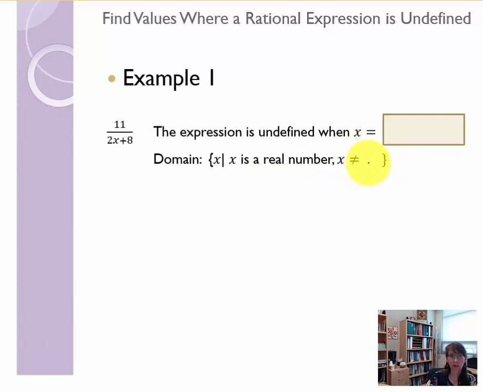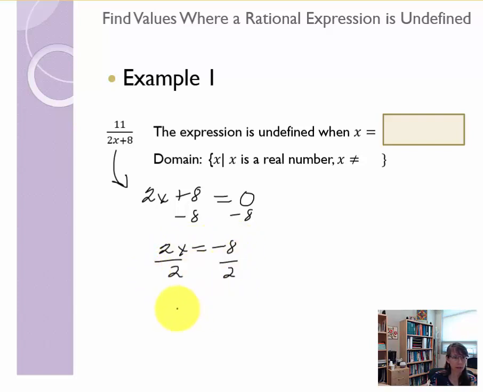So in order to find those values to fill in these blank spaces, we're simply looking at the denominator, 2x plus 8. Whatever x value makes this expression equal to 0 is the value that we need to eliminate from our domain. So setting this equal to 0, subtraction of 8 would be first. 2x now equals -8.